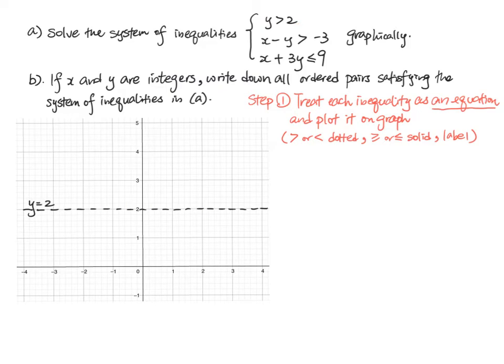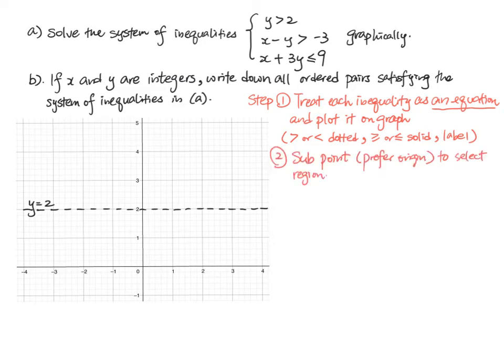So this line actually divides the universe into two parts, this part and this part. But if we just want all the points with y greater than 2, which half do we want? The easiest way is to substitute some points to check.